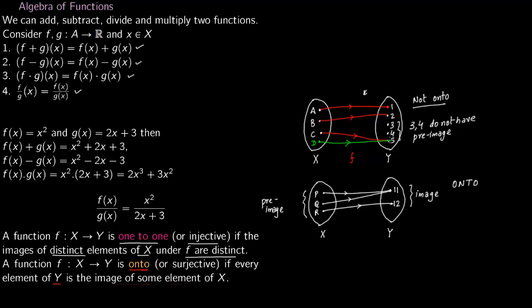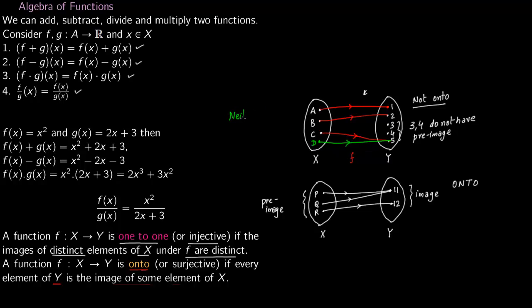Why? Because distinct elements here should map to distinct elements here. Here c and d are different elements, but they map to same element 5 here. So this map is no longer 1 to 1. It is also not onto, because again 3 and 4 do not have a pre-image. So now this, what I have drawn, is neither 1 to 1 nor onto.